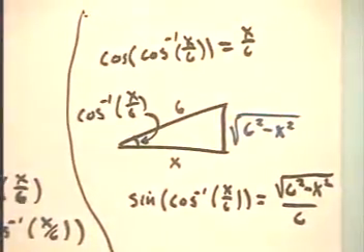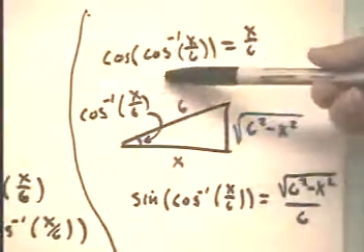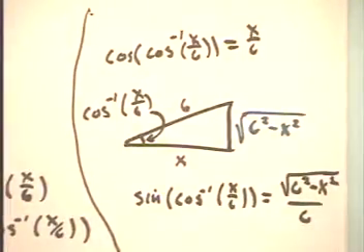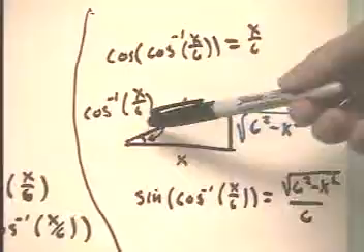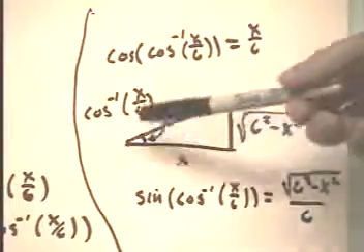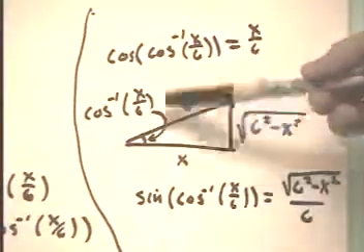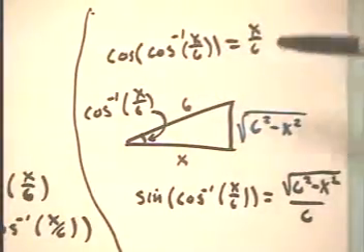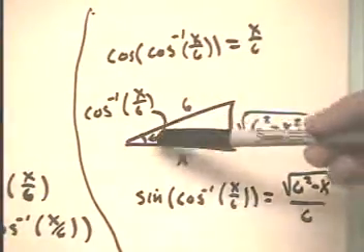Okay, in the first place, the cosine of the inverse cosine of x over 6 is x over 6. That means that we can draw a triangle, and the inverse cosine of x over 6 is the angle whose cosine is x over 6. Okay, so here's the angle.